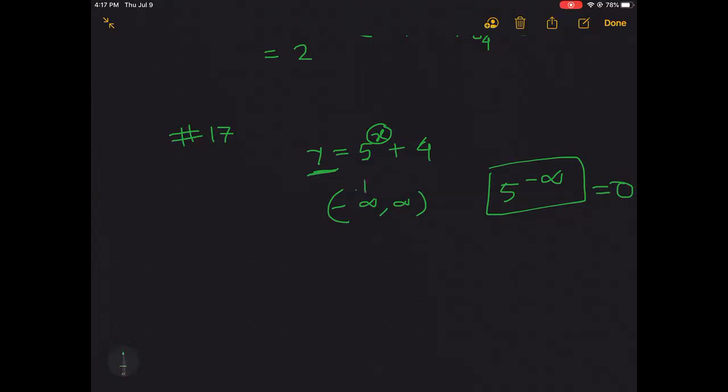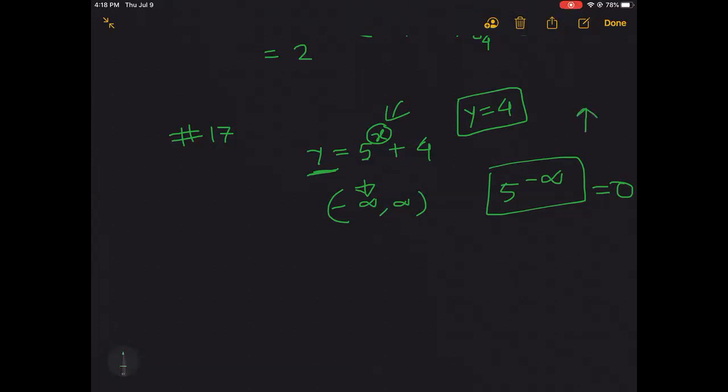So if you just take the lowest possible value of x, you still get y equals 4, okay? And as you increase the value of x, you will see your value will slowly and slowly go in the upwards direction.